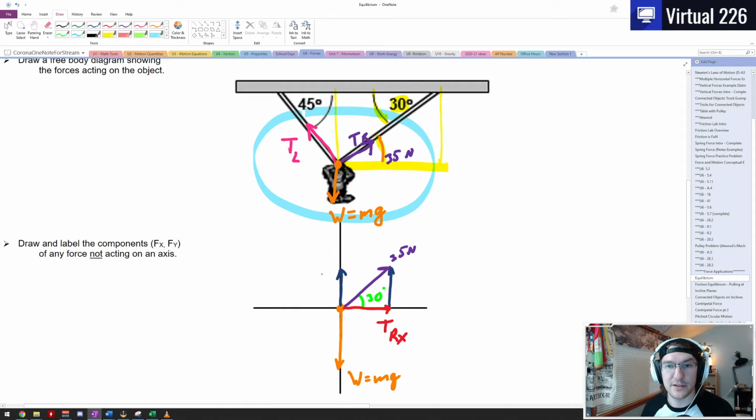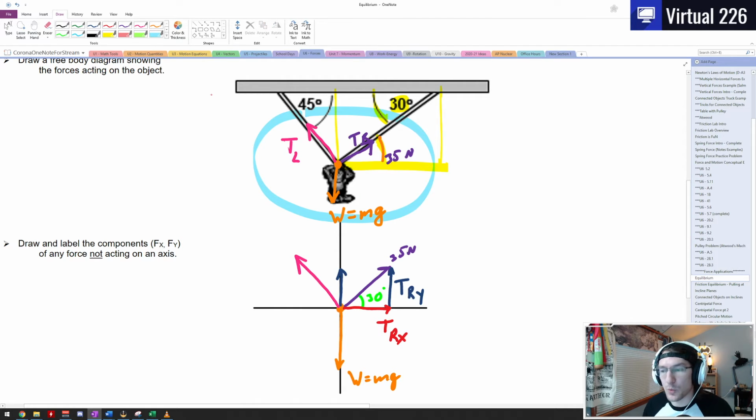Notice how on the left it's on the y-axis, so it's going up and down. This is the tension from the right on the y-axis. And since we know that this hypotenuse here is 35 newtons with an angle of 30 degrees, we can use SOHCAHTOA to find the X and the Y values. We can do the same idea going to the left.